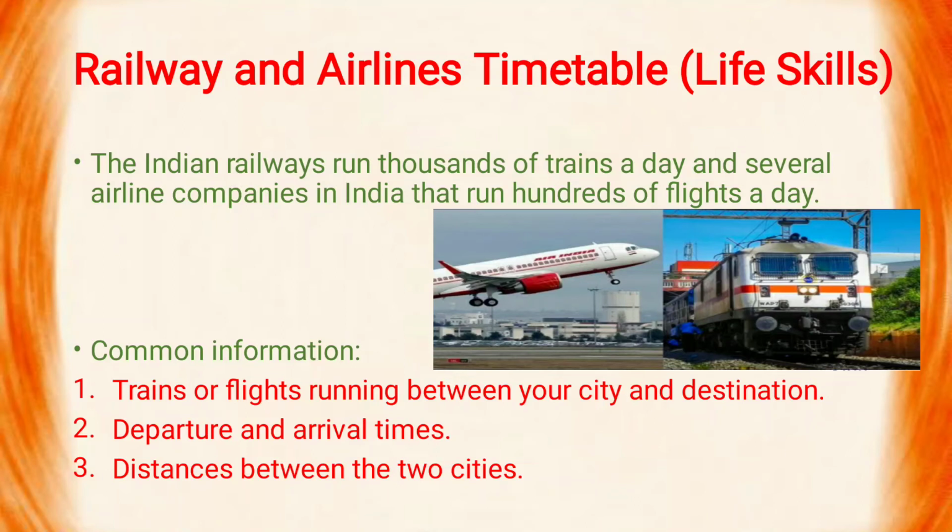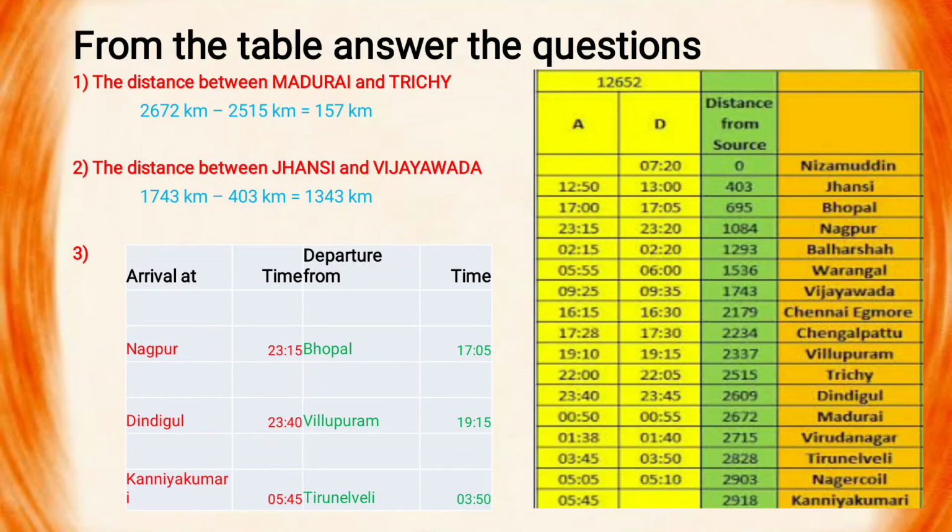Next I am showing the tabular column. In this tabular column they have given some information. A means arrival time and D means departure time, in the green column they have given distance, and in the orange column they have given the cities.